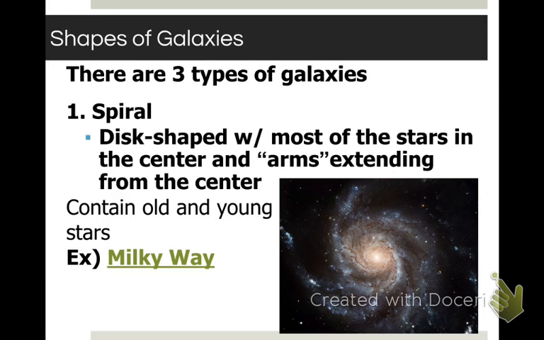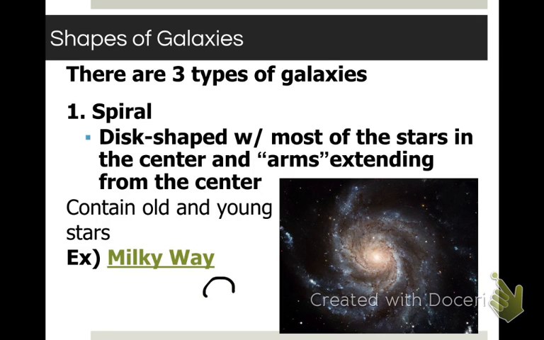The first galaxy shape we're going to look at is a spiral. As you can see in the picture down at the bottom, an example of a spiral galaxy would be the Milky Way. Just like it says, it looks like a spiral. To me, it kind of looks like an octopus spinning with its arms flailing in the water.